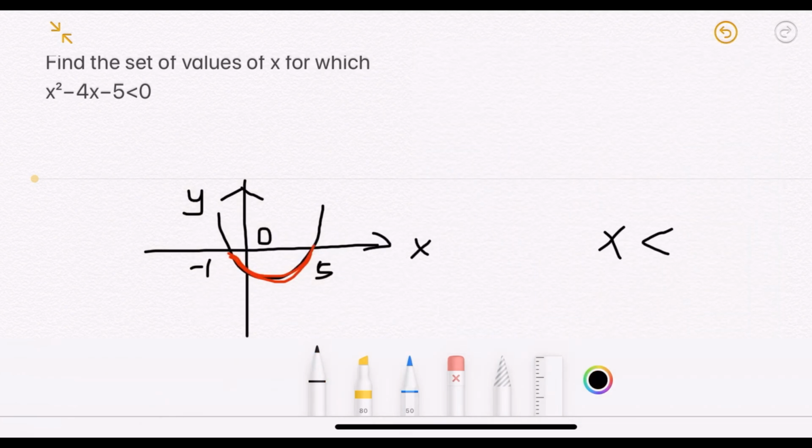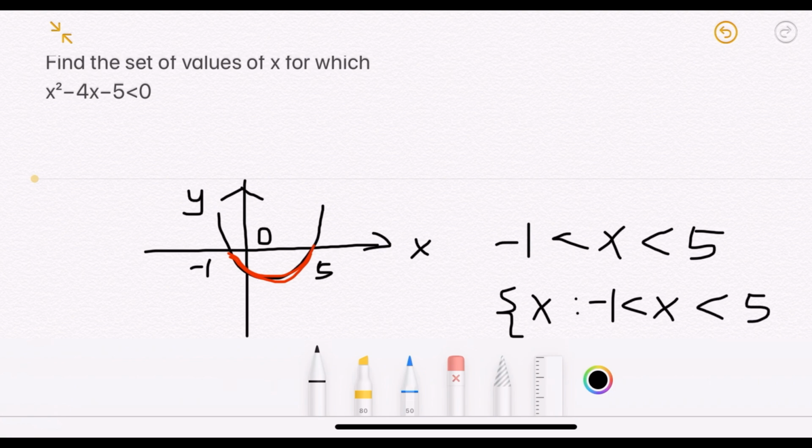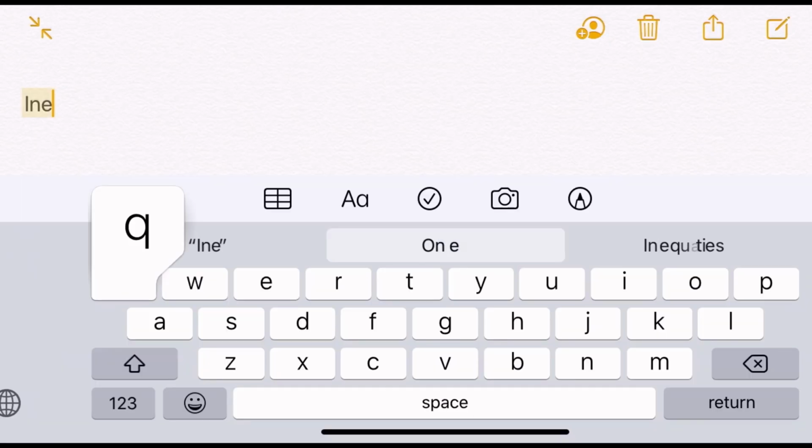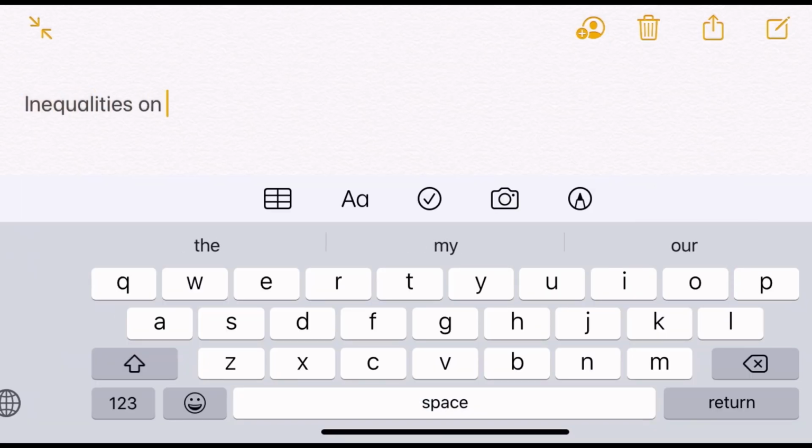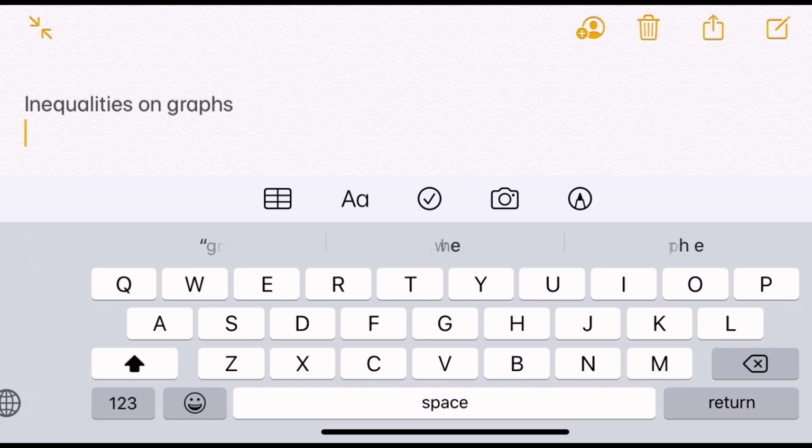And we can see that x is bigger than minus 1 and smaller than 5. And if we have to write it in set notation, it is like this. Similarly, if you want to do this question without the graph, then you just need to imagine the shape of it without drawing it. And now we're going to look at how to represent inequalities on graphs.